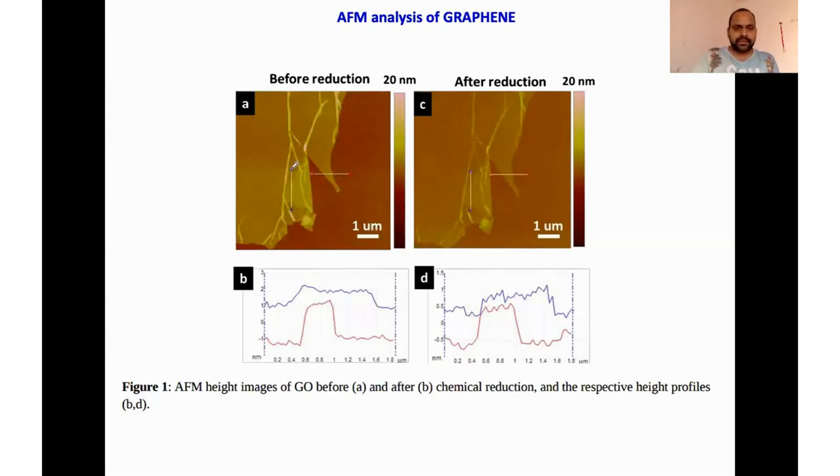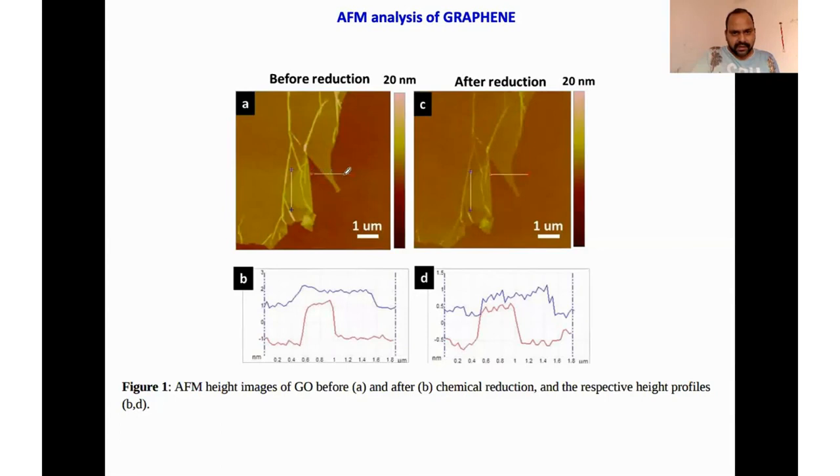See here one image. Figure A is a 3-layer graphene. See layer 1, this is layer 2, and this is layer 3.